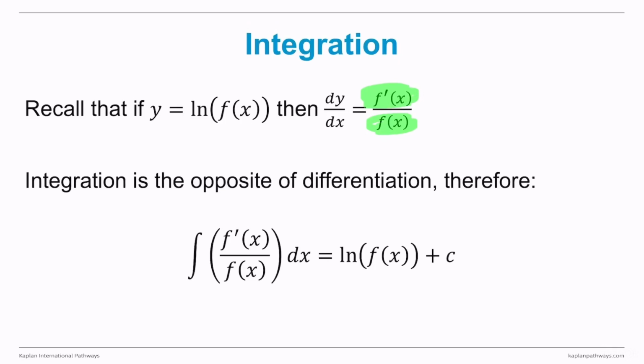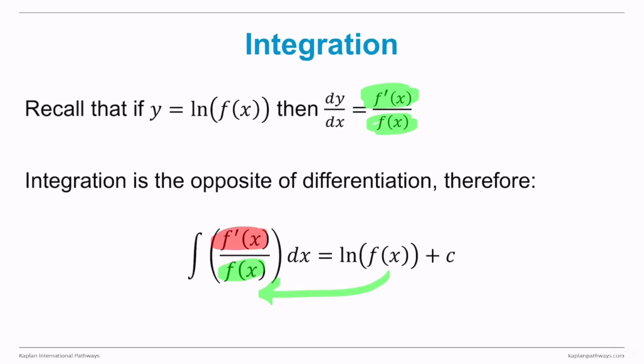And because integration is the opposite of differentiation, if we have the integration of a function where the derivative of the function is at the numerator, the top, dx, then the integration in that case is going to be ln f of x, the same one as at the bottom, plus c, which is the constant of integration.